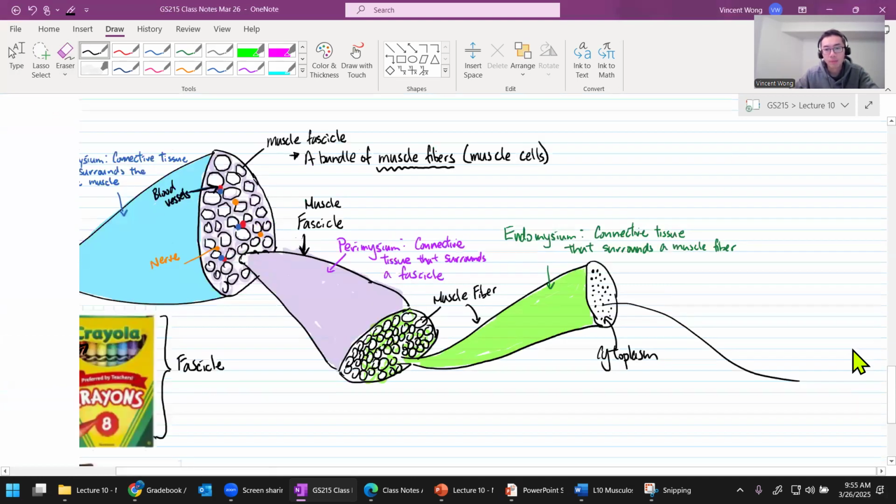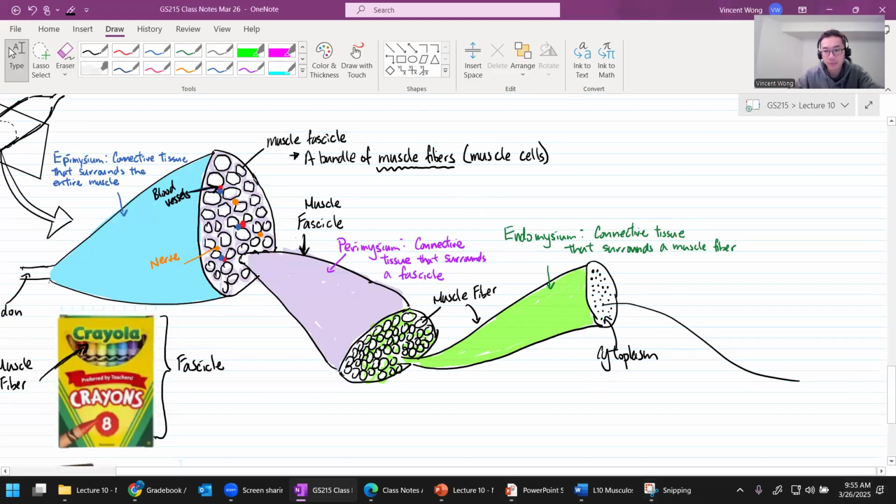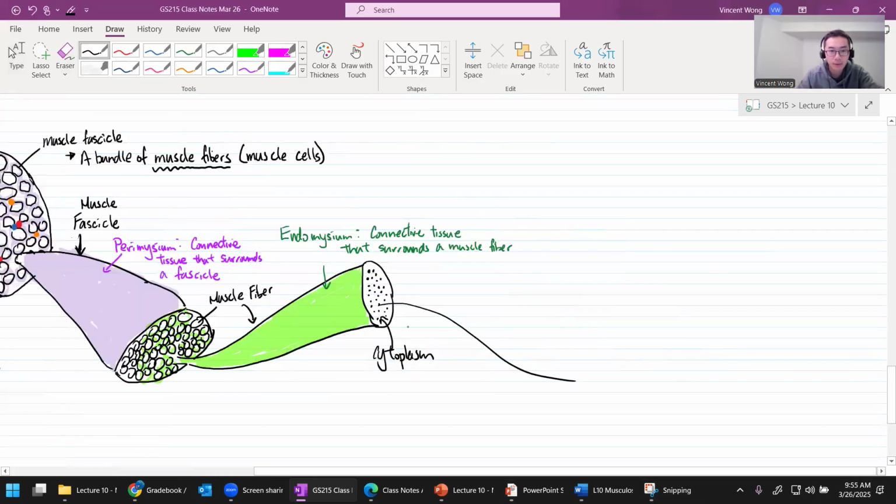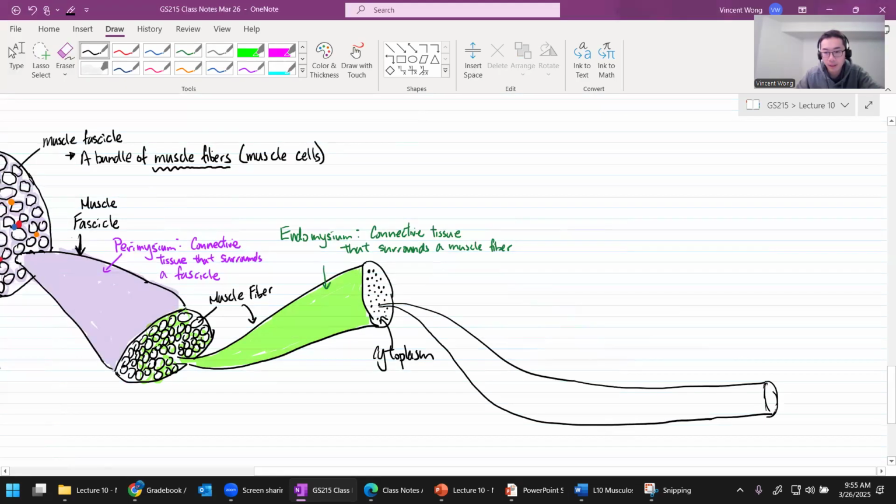There we go. These things that are found throughout the cytoplasm are called the myofibril.